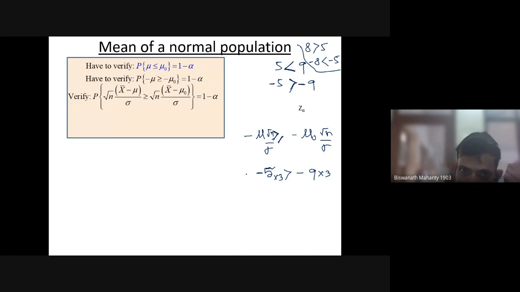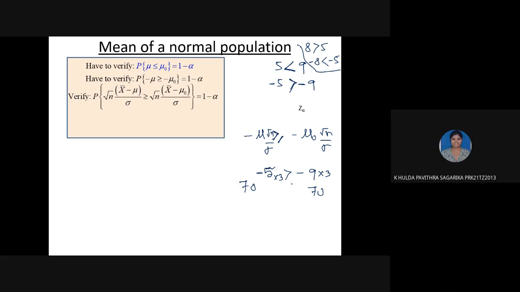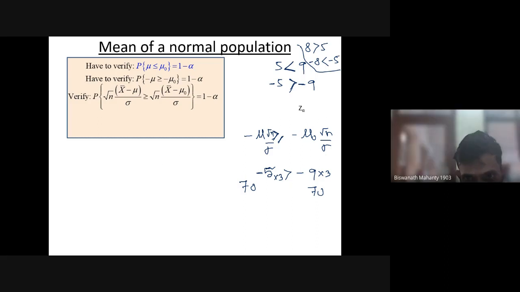Now if I add some positive number, for example 70, on both sides, do you think adding something will change the relation? No. So my point was that minus mu is greater than or equal to minus mu 0, and that is what I want to validate.